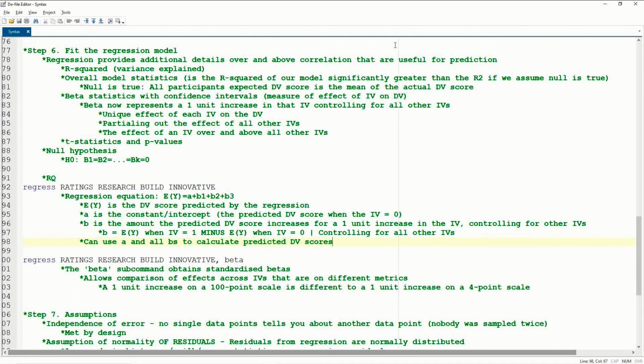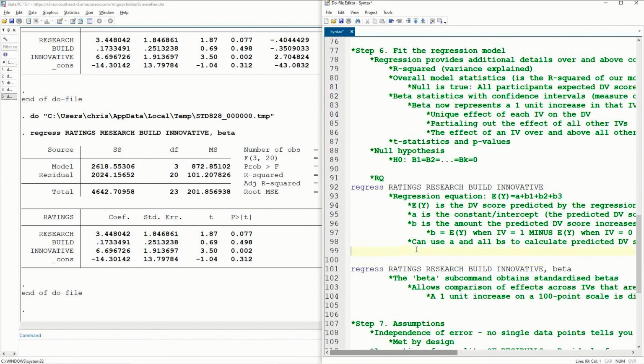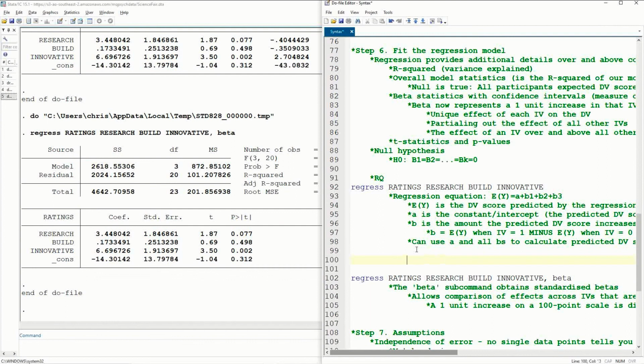So, let's see if I can do this. If I was to write up the regression equation now, what we would have is our expected ratings is going to equal, what's our intercept?